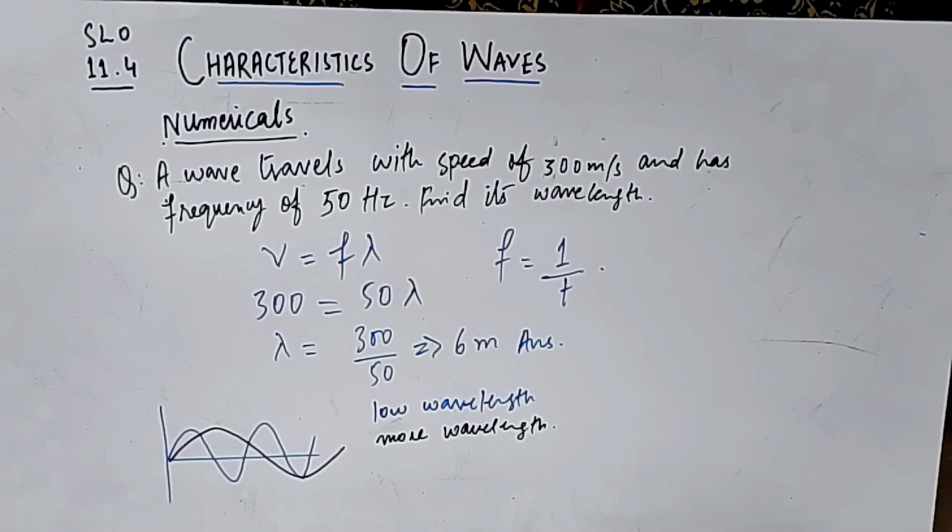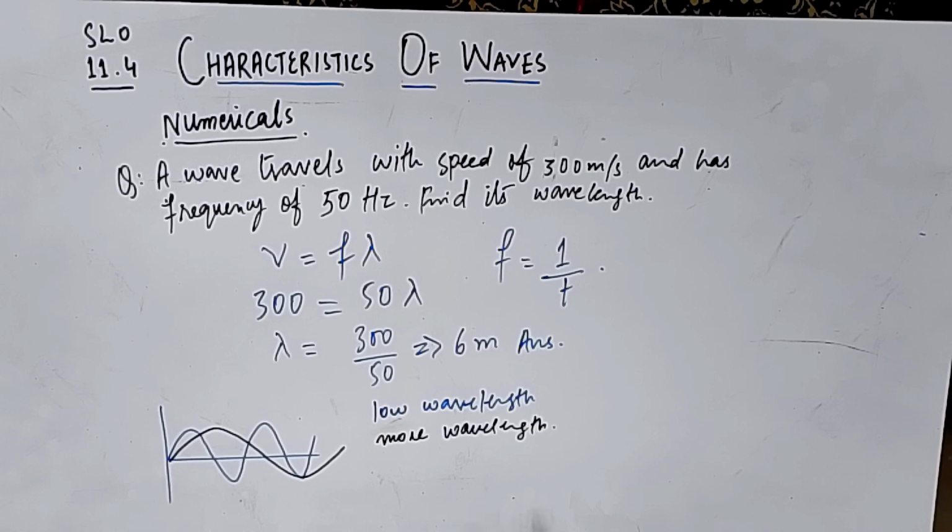So if I ask you about velocity, what will you think? As everything is the same for these two waves, remember the concept of distance. If this wave is traveling more distance, it is covering more distance, the wavelength is high. So which one has the higher velocity?